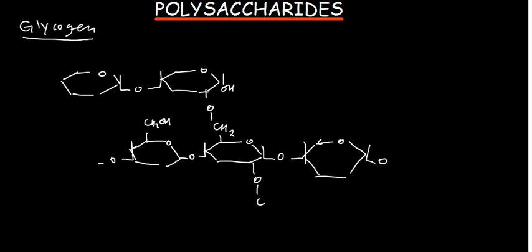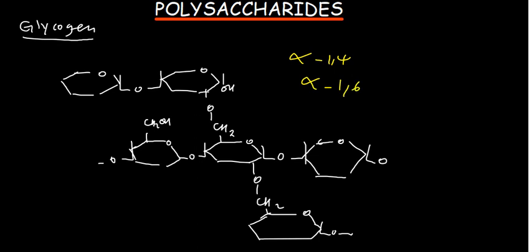They continue going with a lot and a lot of branches like that. So just the same way amylopectin was looking, that's also how glycogen looks. The difference is that glycogen has a lot of branches. The bonds found in glycogen are alpha 1,4 and also alpha 1,6. These are the bonds in glycogen.